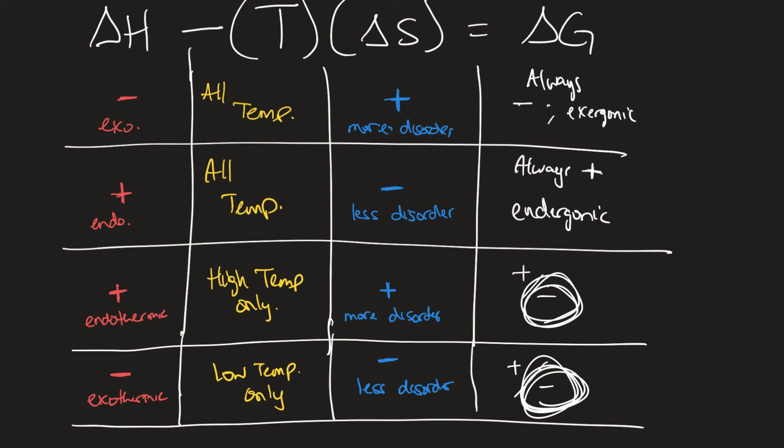This positive number is going to counteract against this negative delta H. And so temperature has to be small to make sure that the magnitude of this number, because this is going to turn to a plus sign, is going to be smaller than the magnitude of delta H in order to make sure that delta G remains a negative number. I'm sorry, all right?